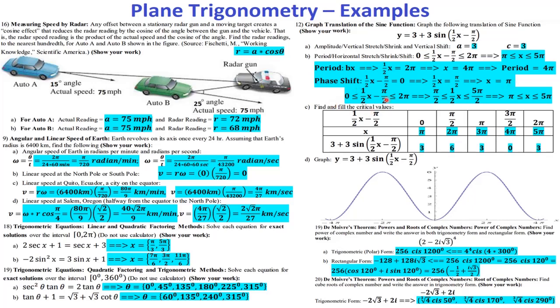Then one complete cycle is between 0 and 2 pi, and that is half x minus pi over 2.